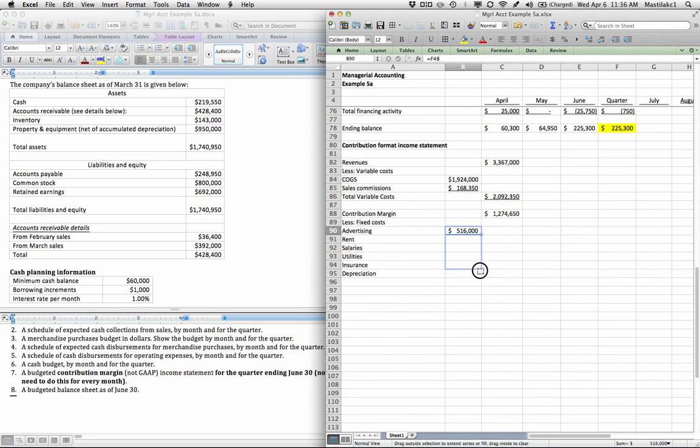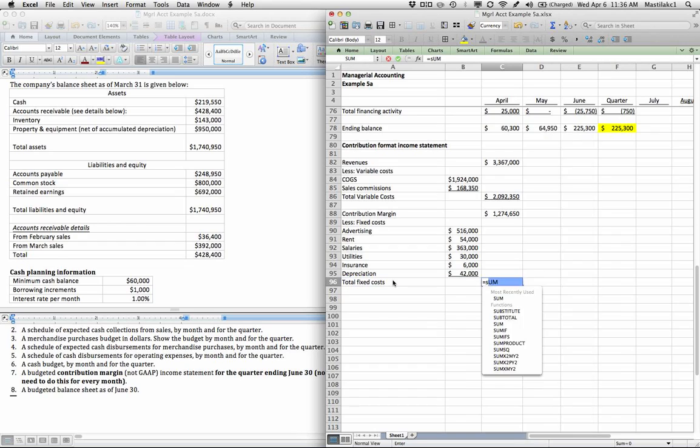If you just have your cash disbursements for operating expenses and you don't include depreciation anywhere, you're likely to forget to include depreciation in your income statement, and then your balance sheet won't balance. So our total fixed cost, including our non-cash expense of depreciation, totals $1,011,011.